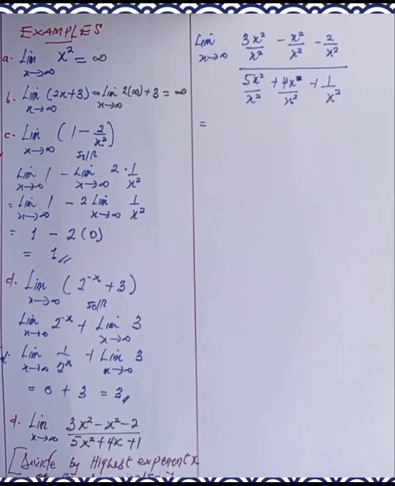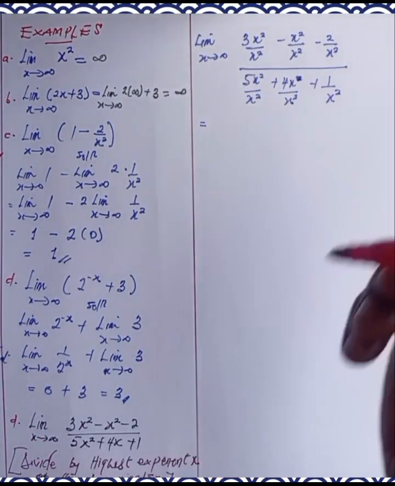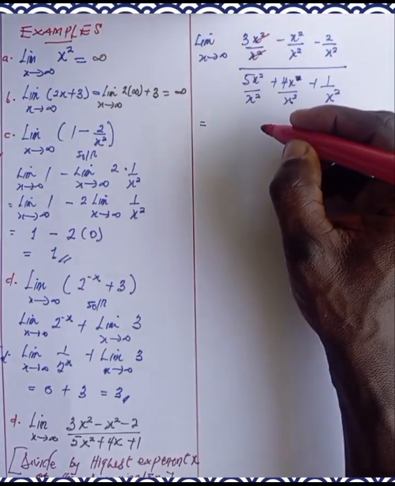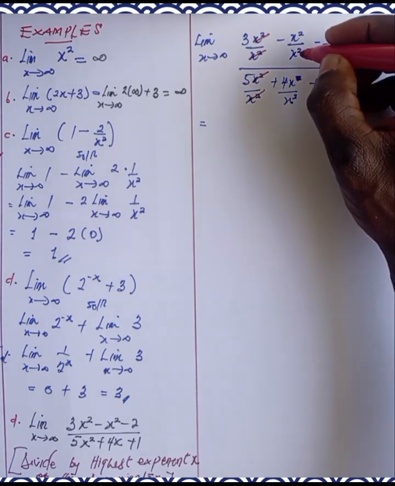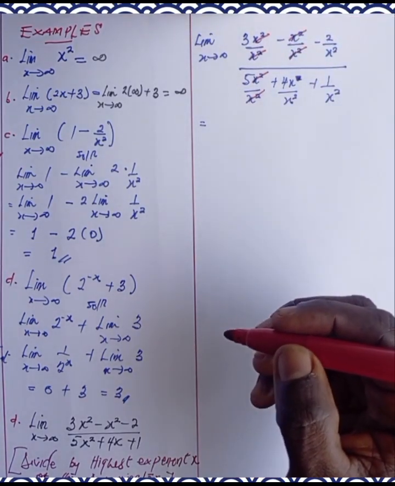Now let's see if you can cancel. This s squared will cancel this s squared, this s squared will cancel this s squared, this and that will go.